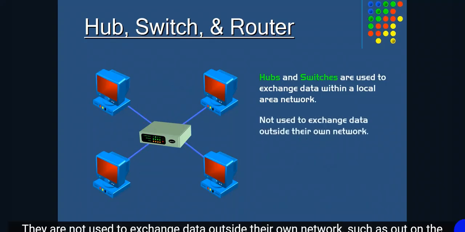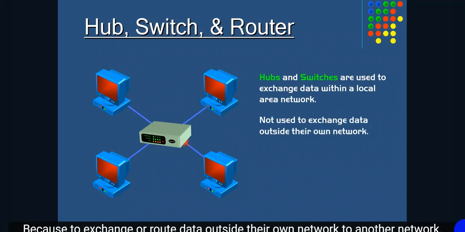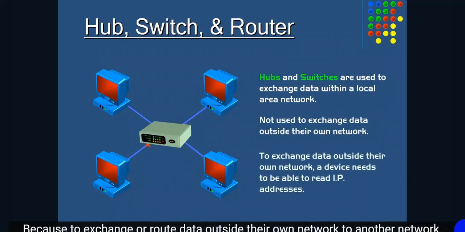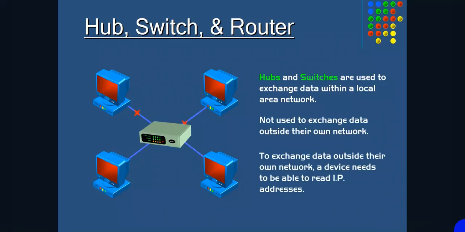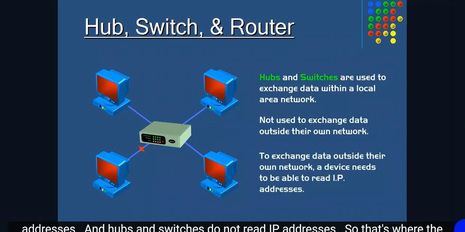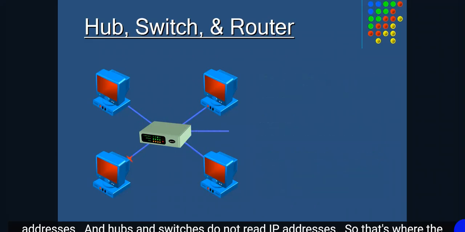They are not used to exchange data outside their own network, such as out on the internet, because to route data outside their own network to another network, a device needs to be able to read IP addresses. And hubs and switches do not read IP addresses.